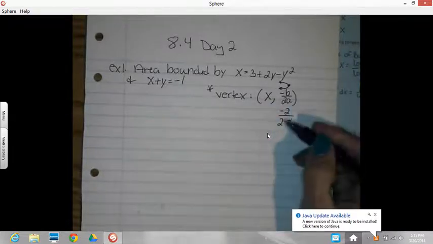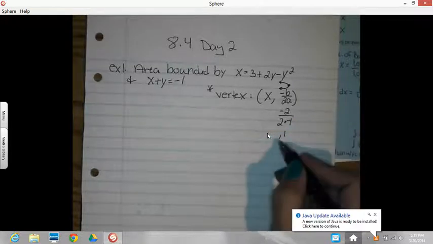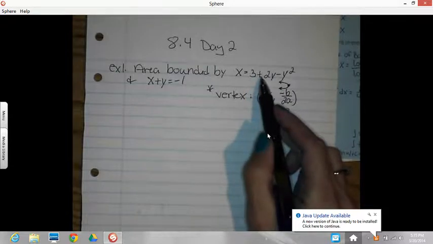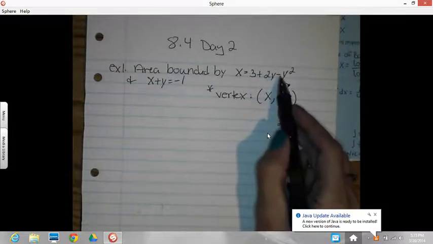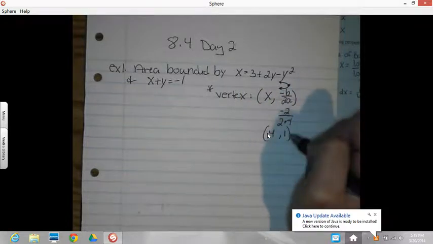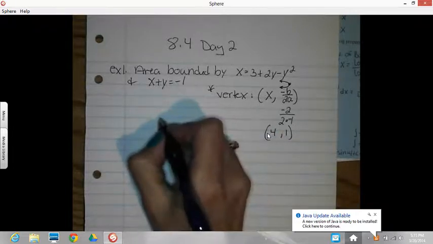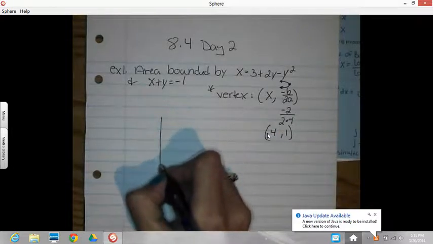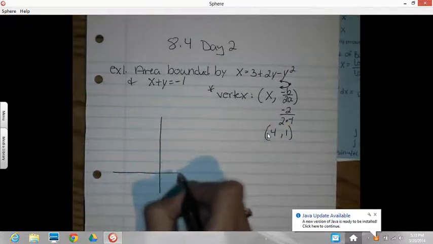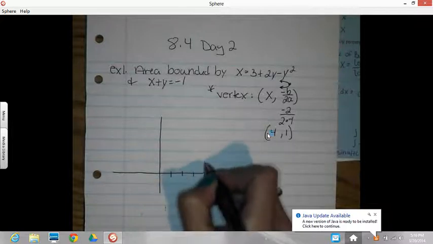Then to figure out the x, you just put the 1 back in: 3 plus 2 minus 1, that's 4. So our vertex is at (4, 1), and I know it opens to the left. Okay, there's my vertex, (4, 1), opens to the left.